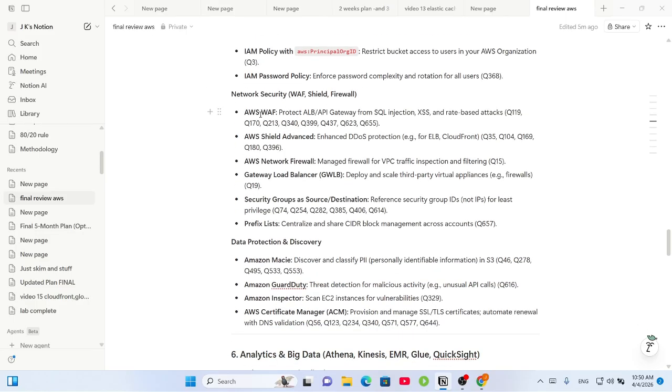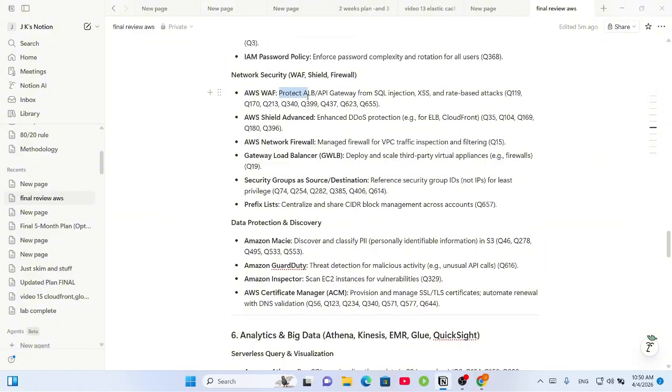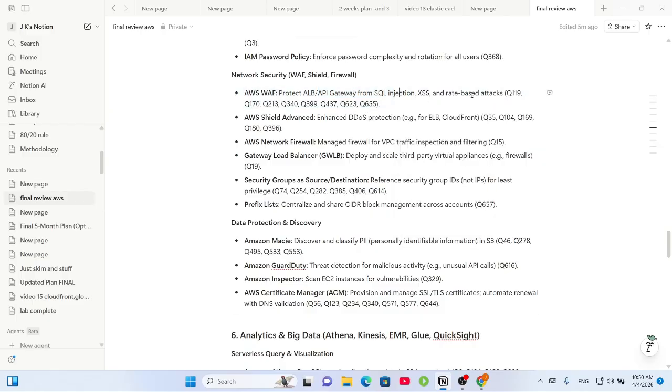Same thing goes with this. For network security, we have WAF, Shield, and Network Firewall. AWS WAF protects ALB and API Gateway from SQL injection, XSS, and rate-based attacks, basically.